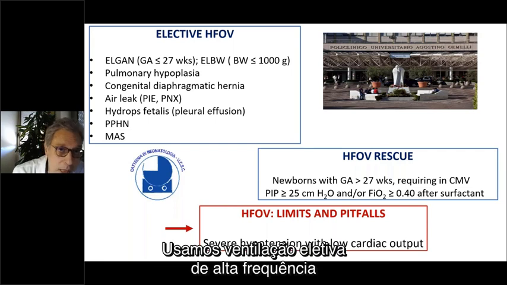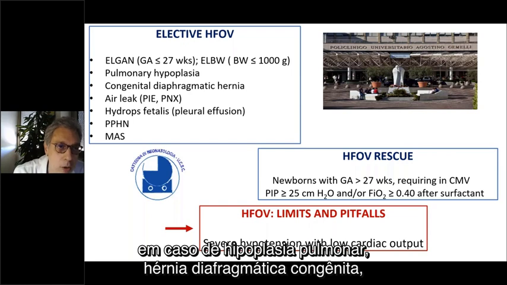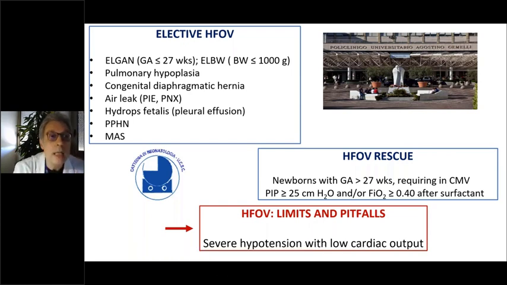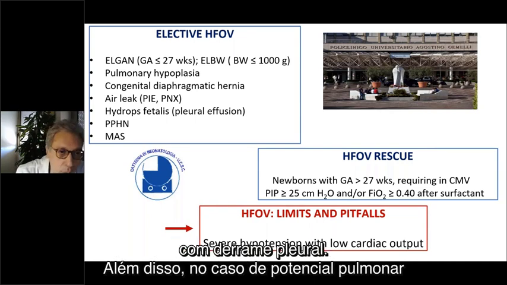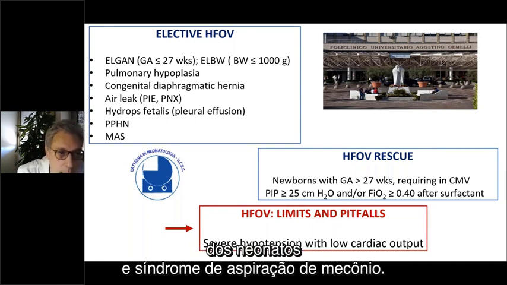Also, we use elective high frequency ventilation in case of pulmonary hypoplasia, congenital diaphragmatic hernia, air leak, hydrops fetalis with pleural effusion, also in case of pulmonary hypertension of the neonate and meconium aspiration syndrome.